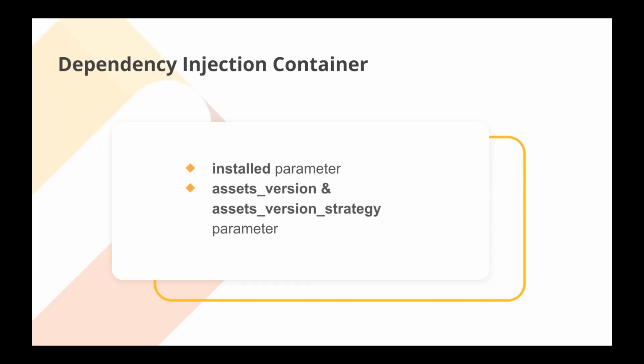And also we removed parameters from the container that were responsible for the asset version for the JavaScript and style assets. So whenever you built dependencies, first you had to run the composer install operation to update the parameters YAML file, then clear the cache, and then only rebuild JavaScript dependencies.